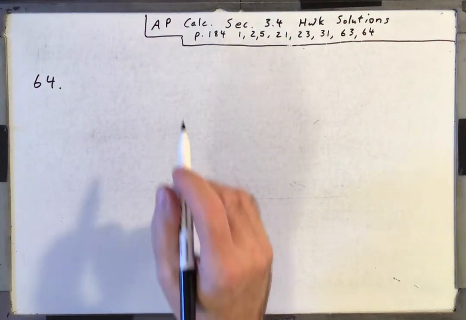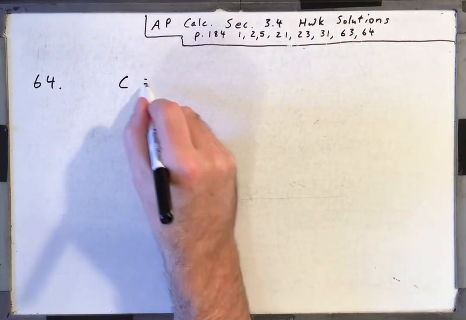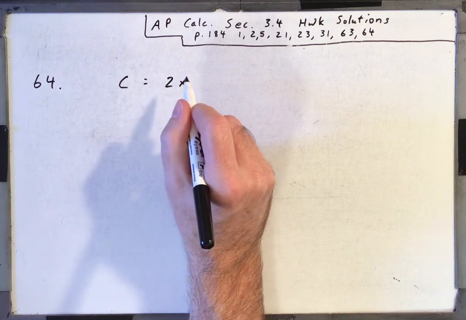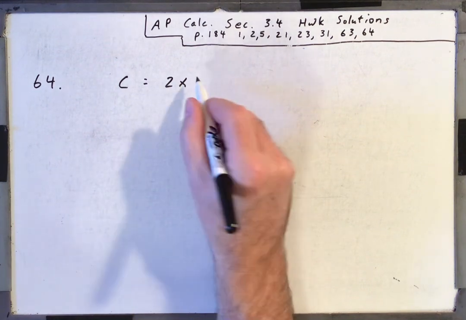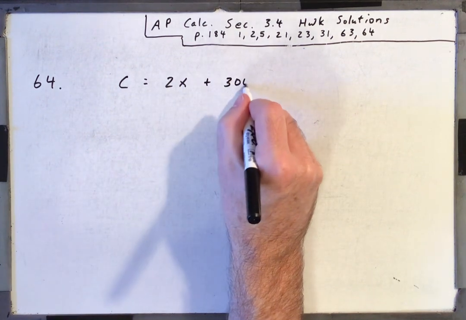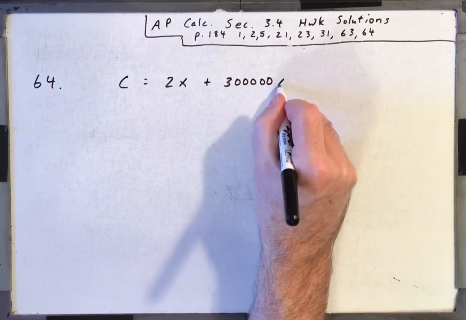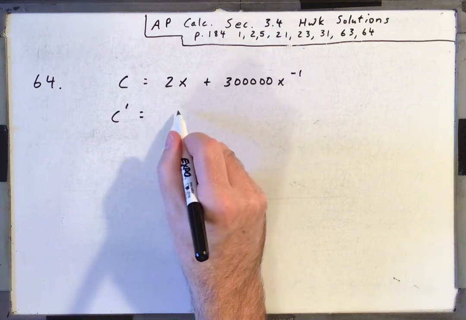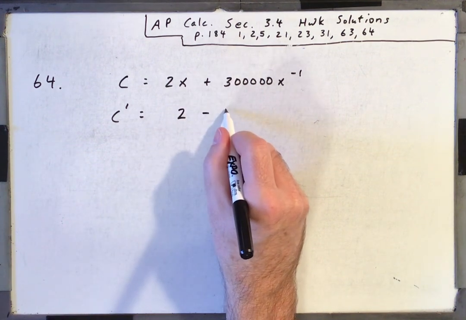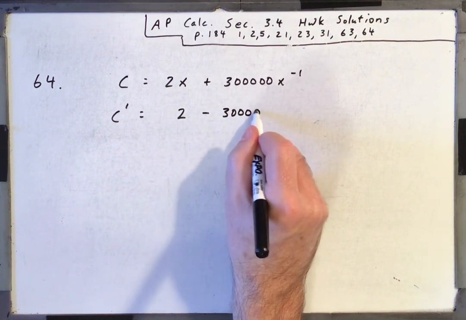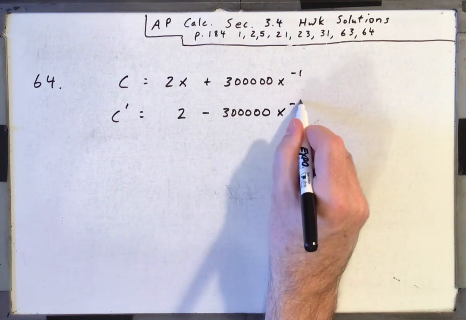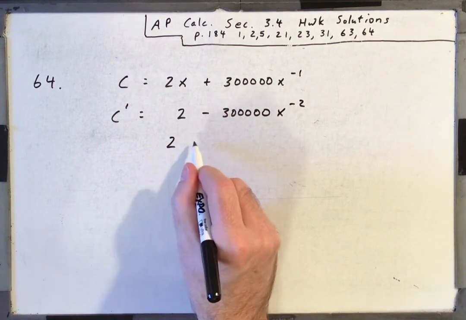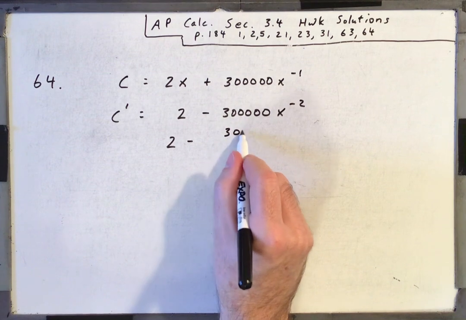We don't have to divide this one by x or anything. We have C is equal to 2x plus, and I'm going to go ahead and rewrite this as 300,000 times x to the minus 1. So take the derivative. C prime would be 2 minus 300,000x to the minus 2. I'm going to rewrite that and set it equal to 0.